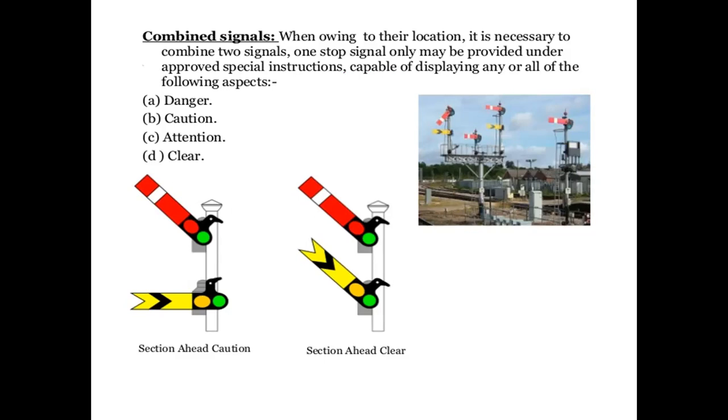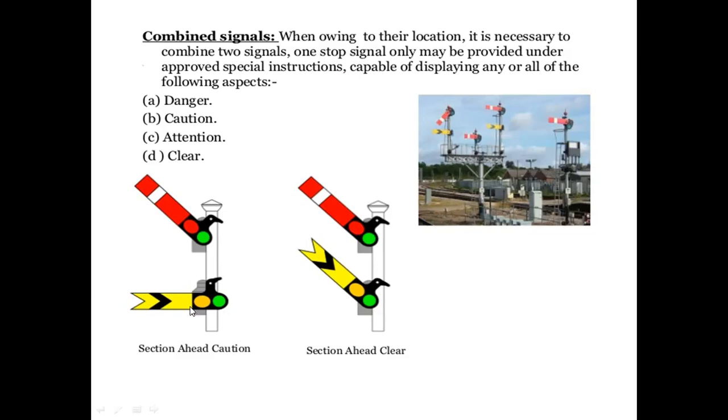Here in this image, you can observe the combined signals which are used. The section ahead, proceed with caution, and also the section ahead is clear. So when traveling to the next station, if these two combined signals indicate an inclined position, the section ahead is also clear, and if one signal allows proceeding from this station, maintain caution to the next station.